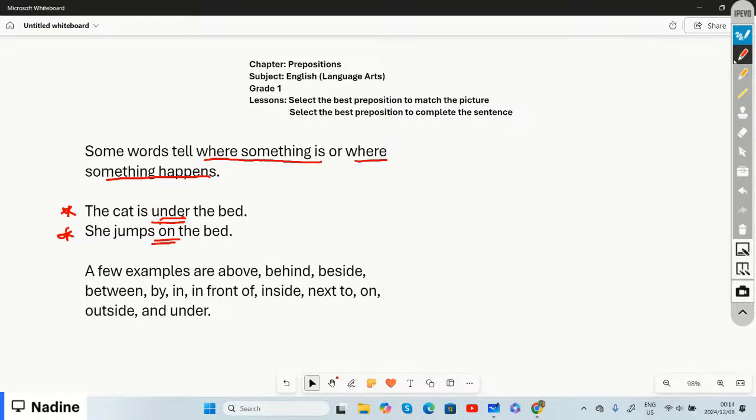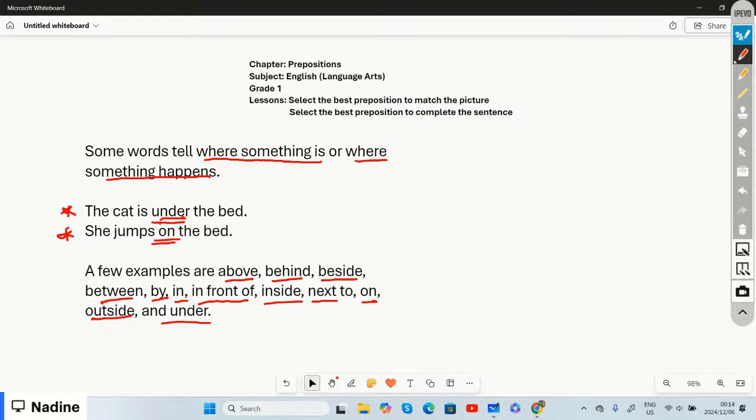And if we were to look at a few examples of prepositions, they are words like above, behind, beside, between, by, in front of, inside, next to, on, outside, and under.